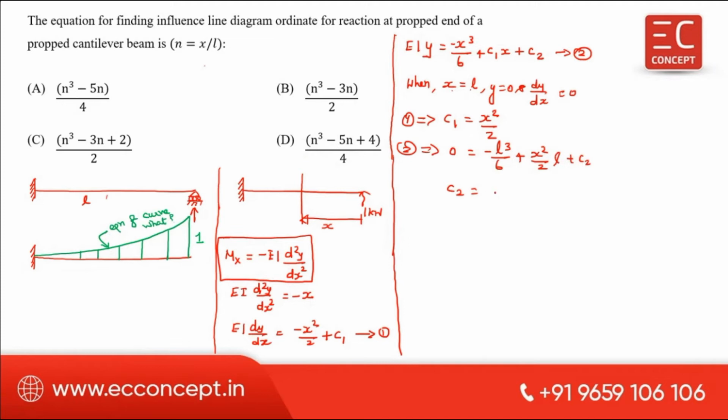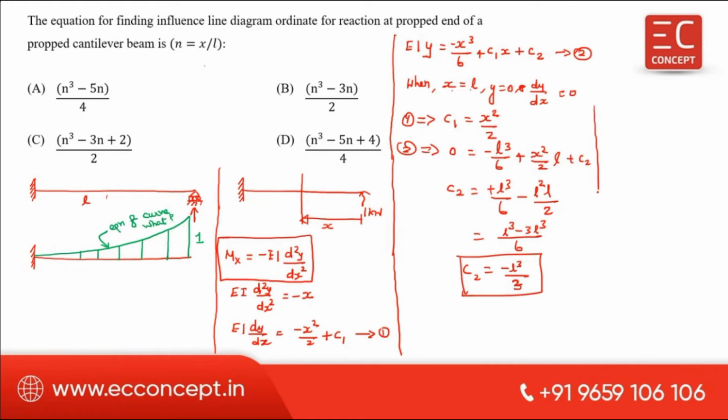Therefore, we can write C2 is equal to minus L cube divided by 6 plus L square into L divided by 2. Actually, this is minus and this is plus. So for this, 6 is the LCM. So this is L cube minus 3 L cube. So the answer is equal to minus L cube divided by 3. This is C2.